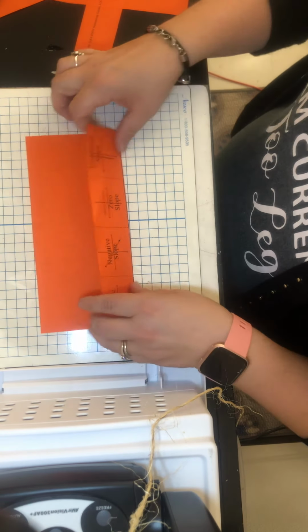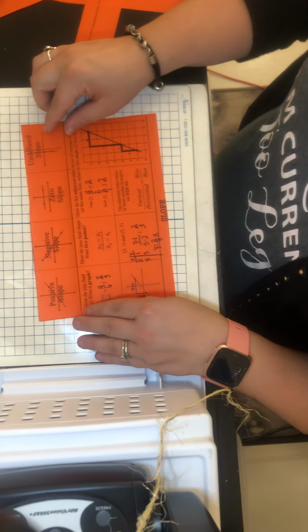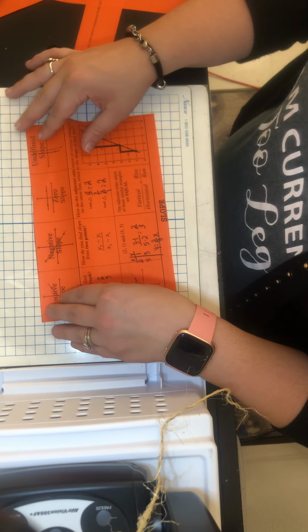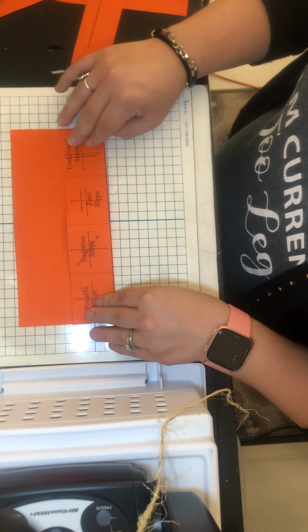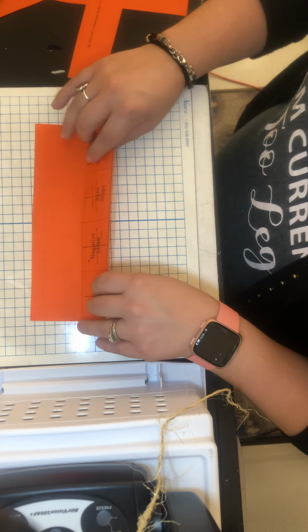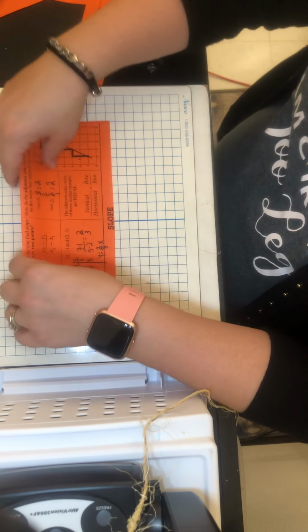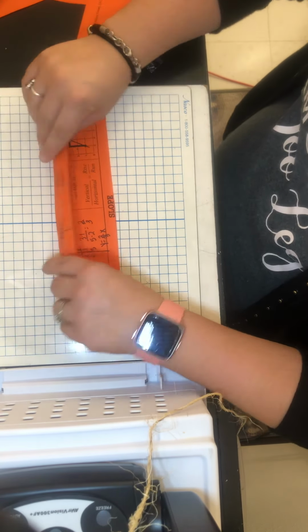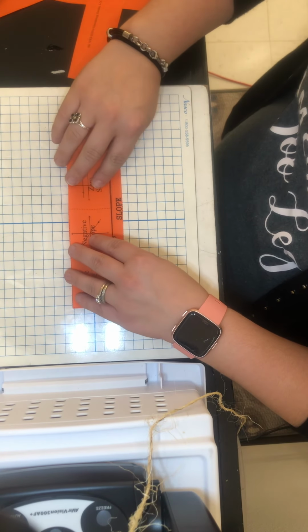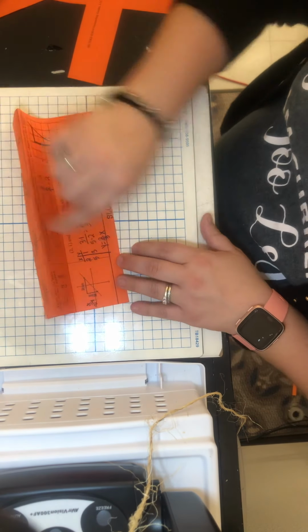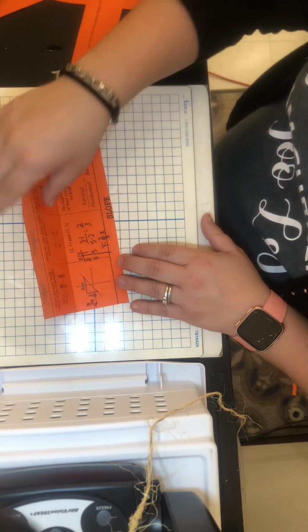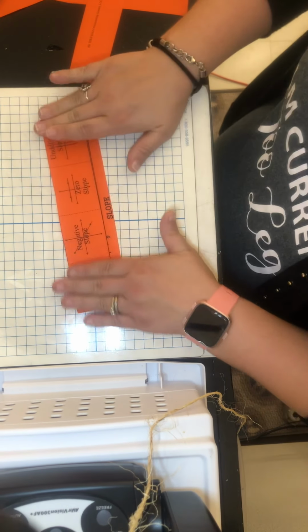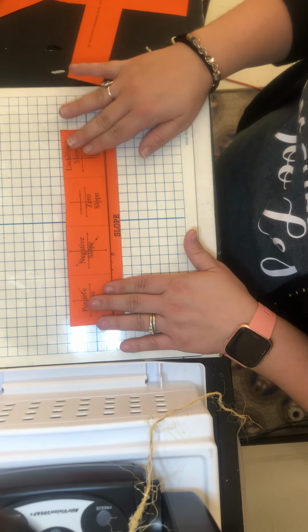Okay? So I had it like this, and I took that part and I folded it back. Your next step is to fold it back over so that it meets this bottom black line, so that when you're finished, it looks like this.